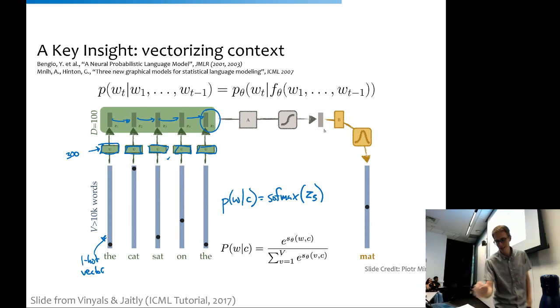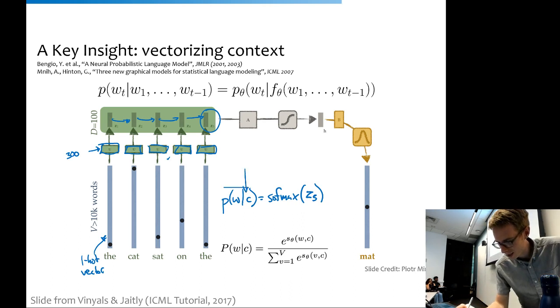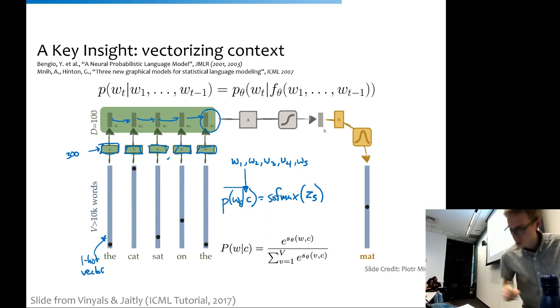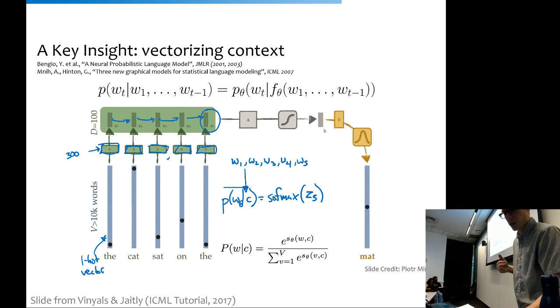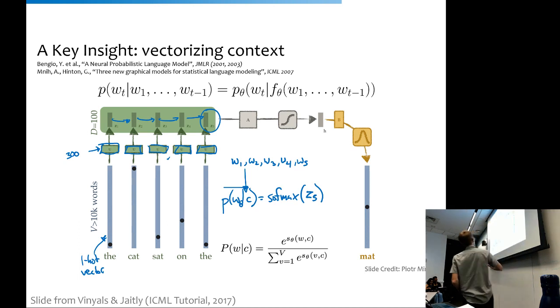So here, C is really shorthand for w1, w2, w3, w4, and w5. Is that right? And this is really w6. That's what I should have written. So it's a distribution over the next word, w6, conditioned on all the previous ones.